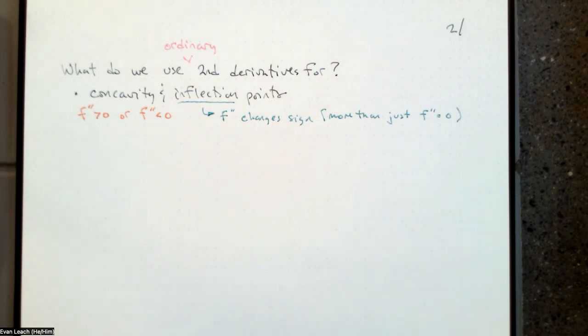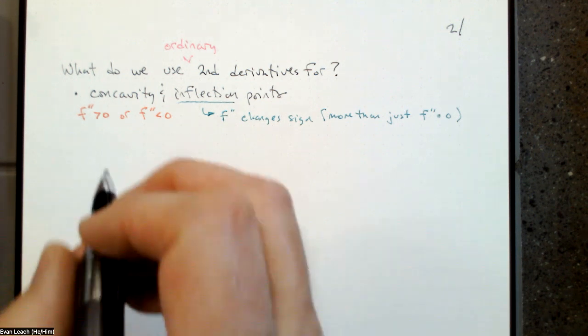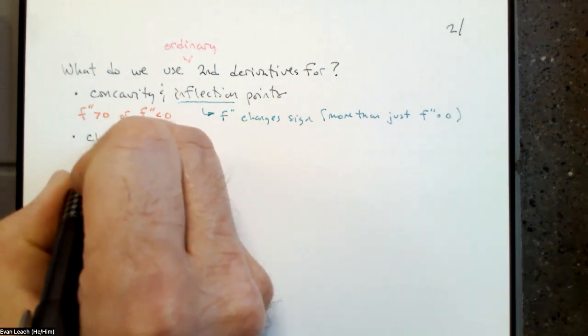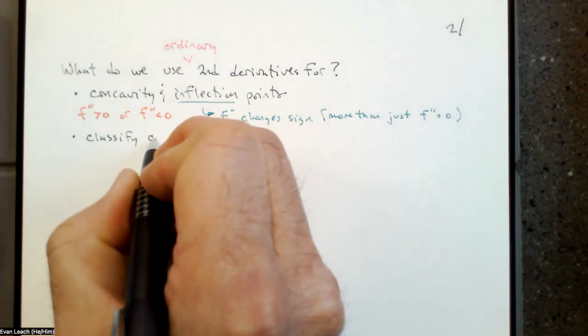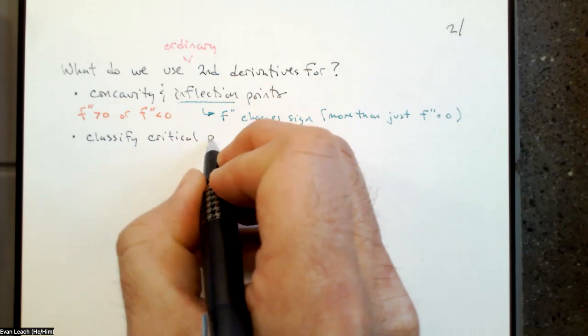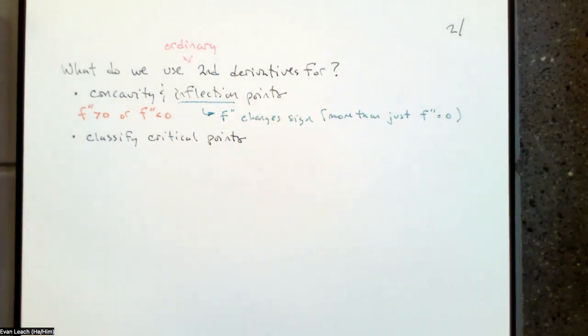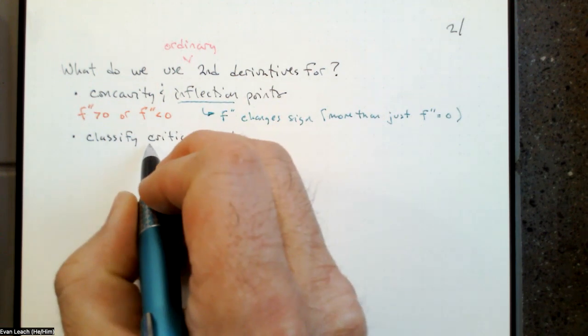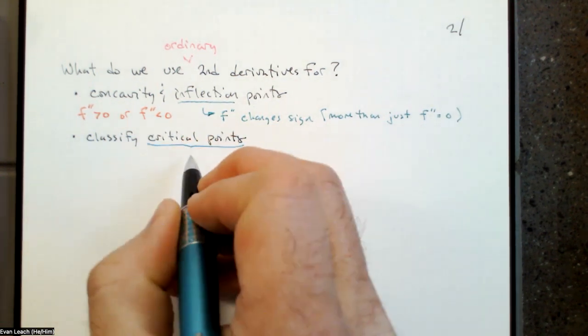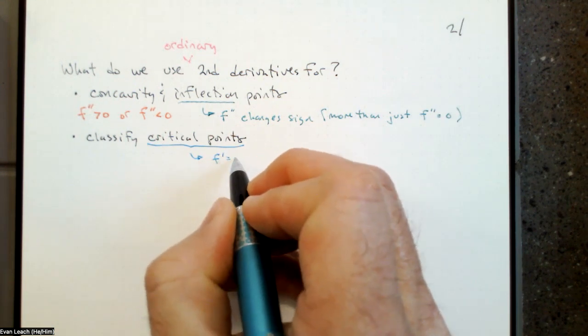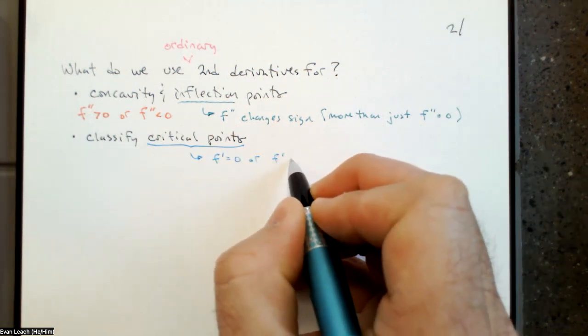Another way that we used the second derivative was to classify critical points. The critical points happen when the first derivative is equal to 0 or the first derivative is undefined. Then we can look at the second derivative. In the case where the first derivative is equal to 0, we can look at the second derivative and check the concavity.